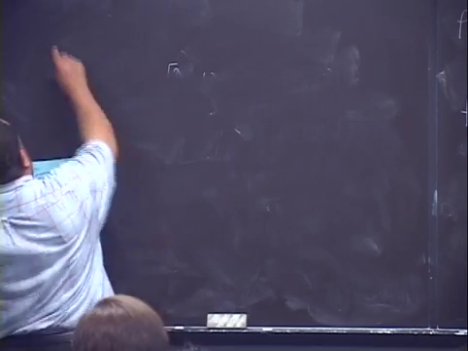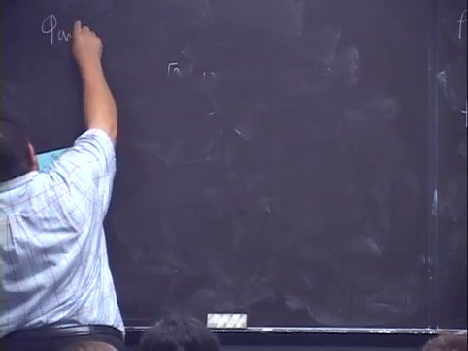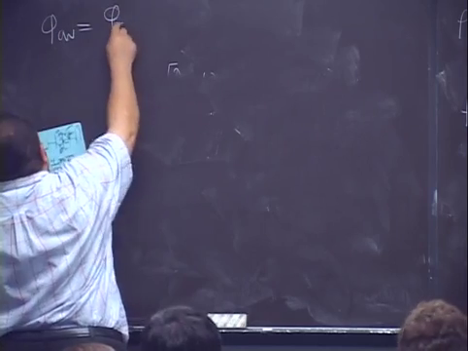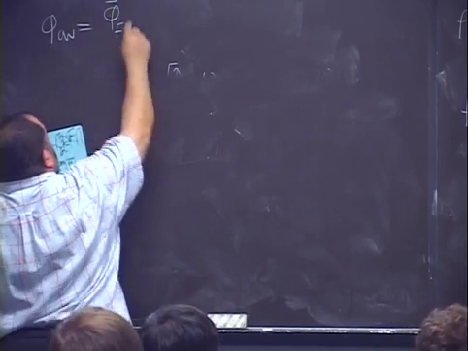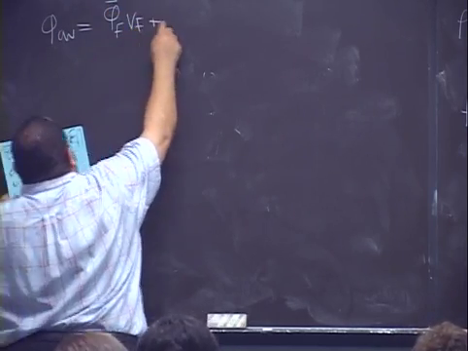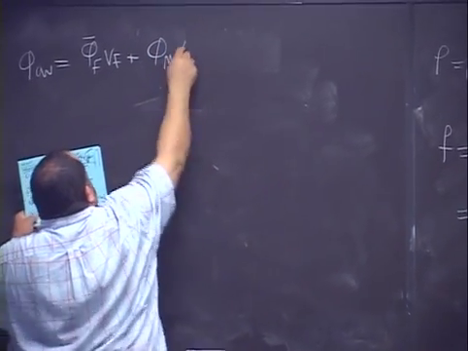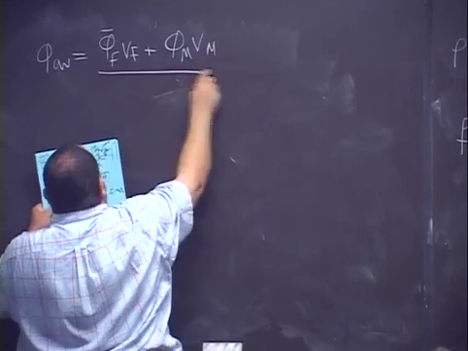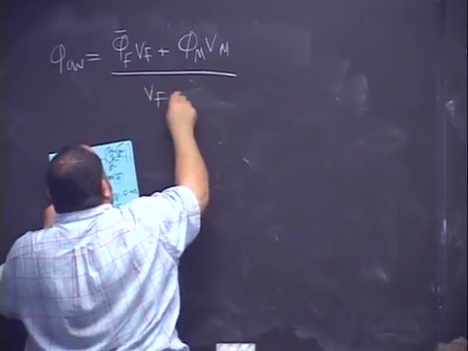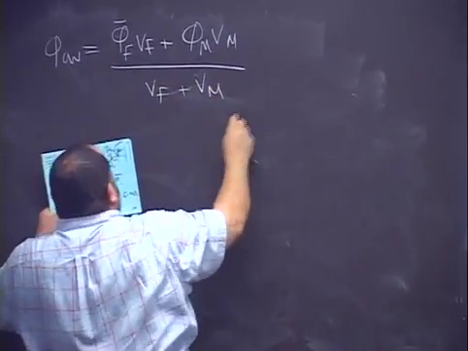So phi average is just the average flux in the fuel multiplied by the volume of the fuel plus the average flux in the moderator multiplied by the volume of the moderator, divided by volume of the fuel plus volume of the moderator.